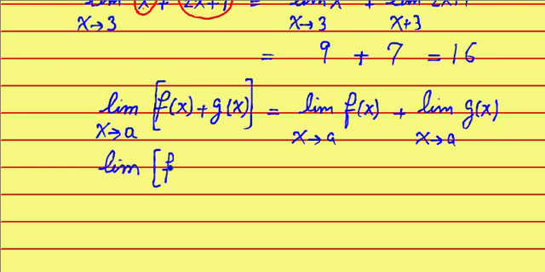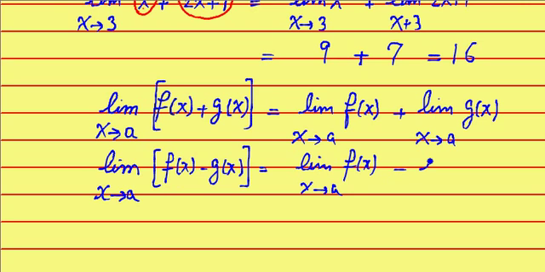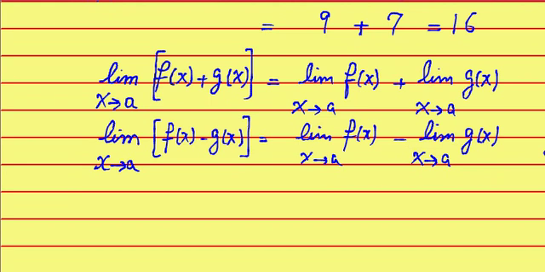Subtraction, same story. If you are subtracting two functions and then taking the limit, you might as well take the limits first and then subtract later. Can you think of other things that you might think that the order of their action could be interchanged with limit?